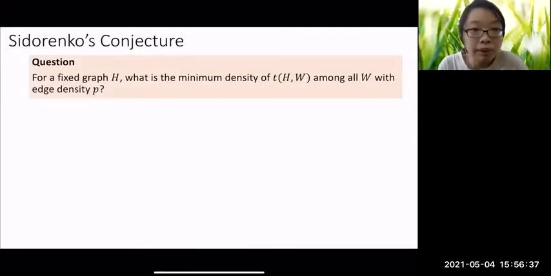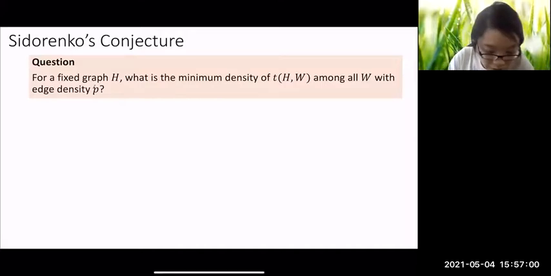So now let's talk about Sidorenko's conjecture, which is another beautiful area of research closely related to Ramsey multiplicity. Instead of edge coloring the complete graph K_n, Sidorenko asks about the host graph having a fixed edge density.